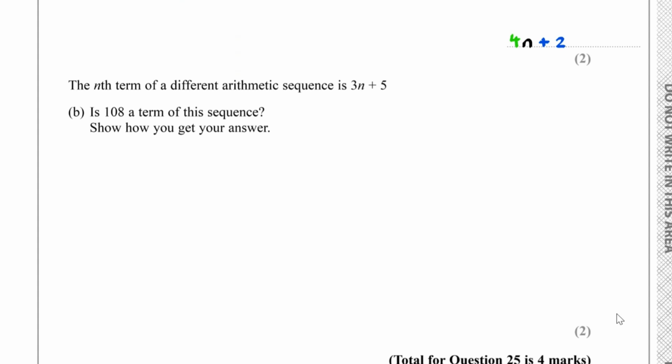Next, the nth term of a different arithmetic sequence is 3n plus 5. Is 108 a part of the sequence? Show how you get your answer.